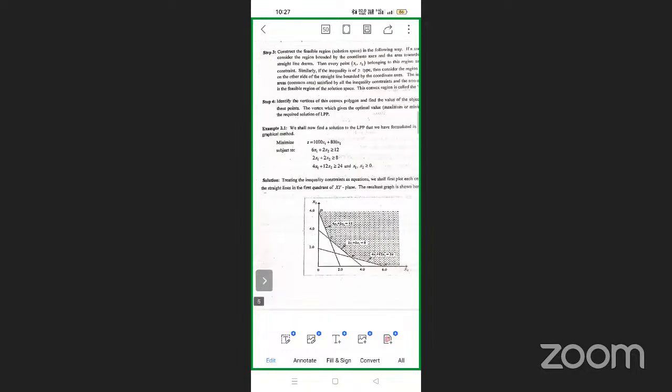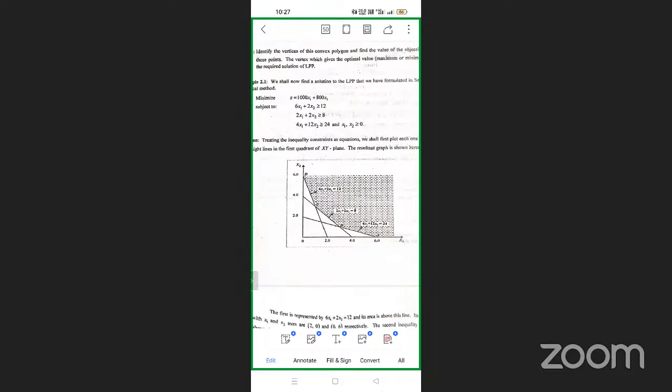First we have to construct the graph. These are the constraints, three equations. First equation: 6x1 plus 2x2 greater than or equal to 12. Second equation: 2x1 plus 2x2 greater than or equal to 4. Next, 4x1 plus 12x2 greater than or equal to 24.